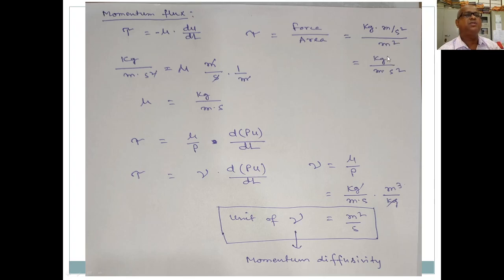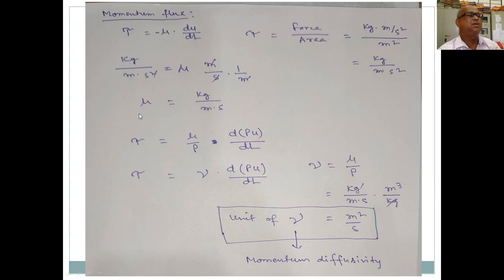So this will be kg per meter second squared. So tau is kg per meter second squared, into mu, du is meter per second, dl is length, 1 by m. So it will cancel out, and mu equals kg per meter second.